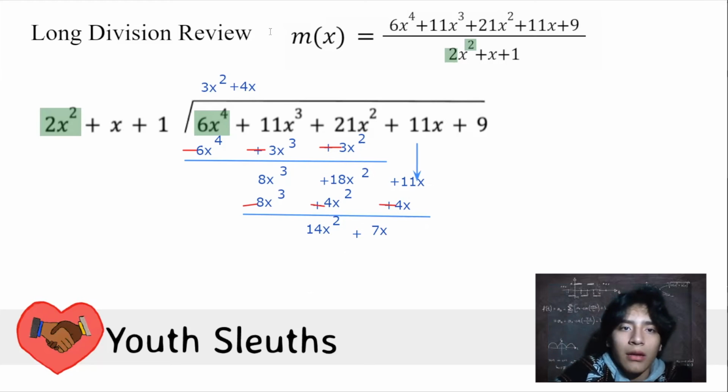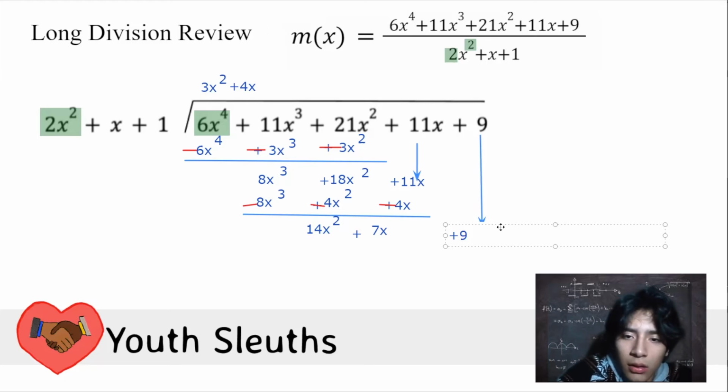Now, again, we bring down our 9. Plus 9. And we then look again at the 14x squared and our 2x squared. And what number gets me from 14 to 7?